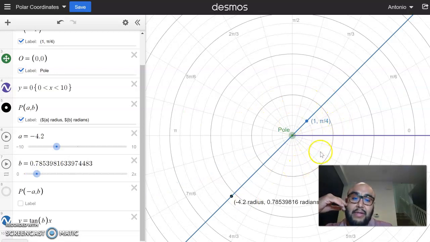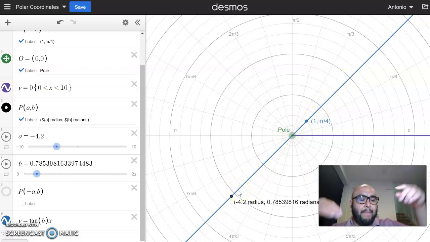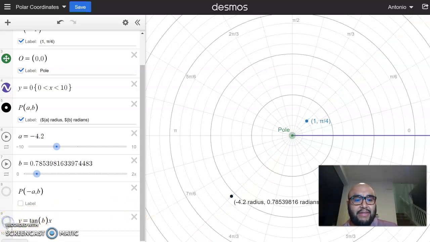In this case, the angle is pi/4 and the radius is negative 4.2. If it were a positive radius, we would find it here, but since it's negative, it's still on this line that extends in both directions, but reflected across the origin, or the pole in this case. So keep in mind that we are introducing this idea of a negative radius, which just means it reflects the point across the pole.